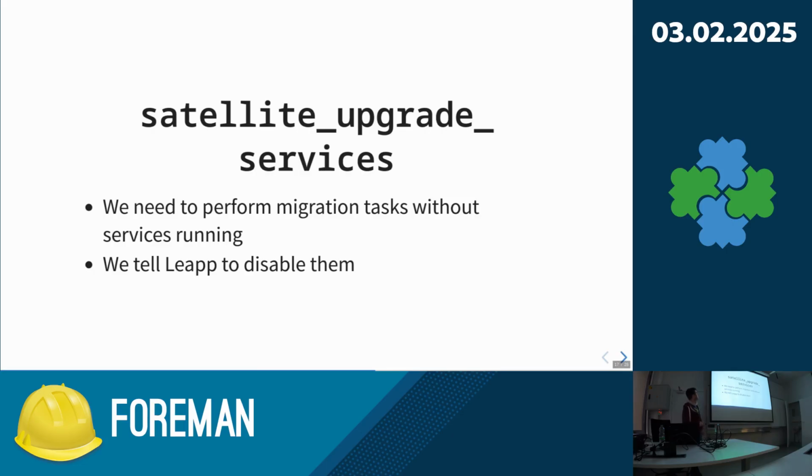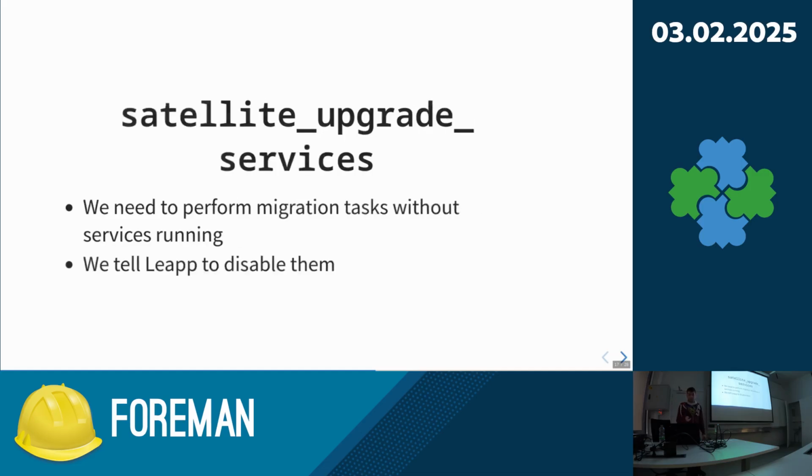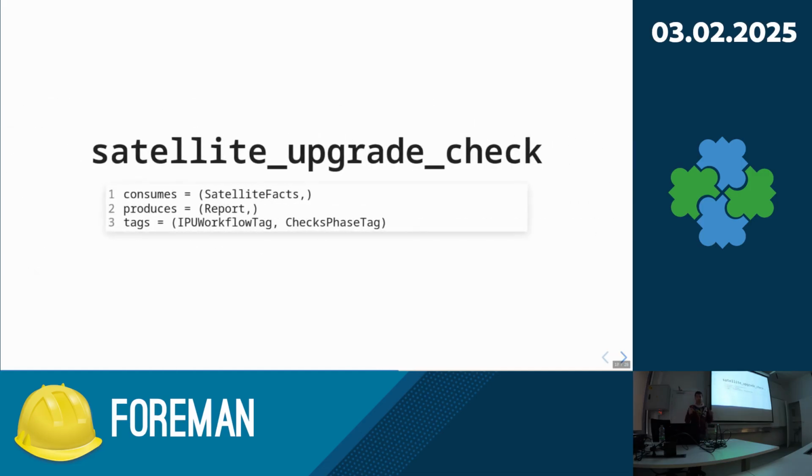So yeah, I already said that we need to upgrade, and we will do this. The next one, which is luckily not used these days, is the upgrade check. This is the one that emits a report. And as I mentioned earlier, PostgreSQL upgrades can be messy.